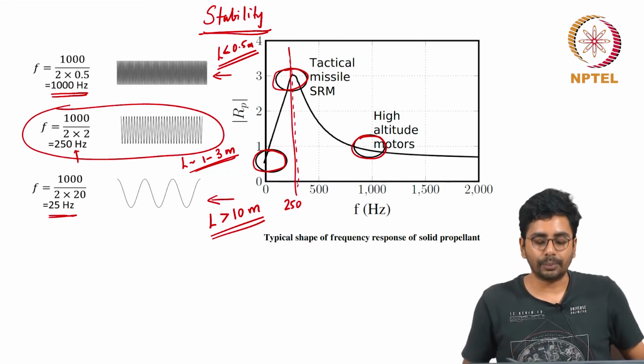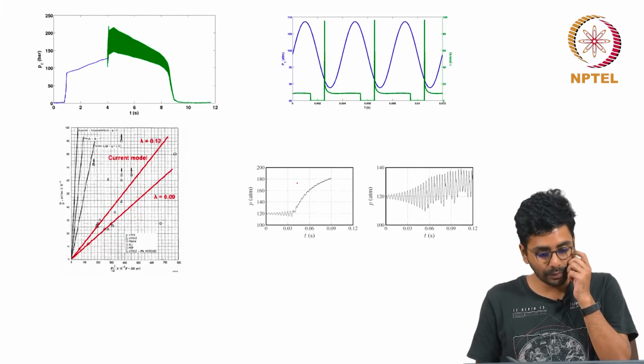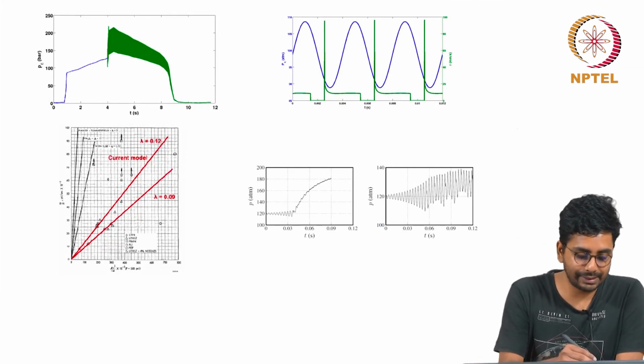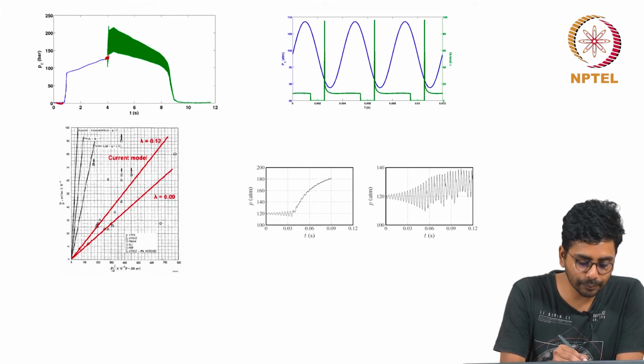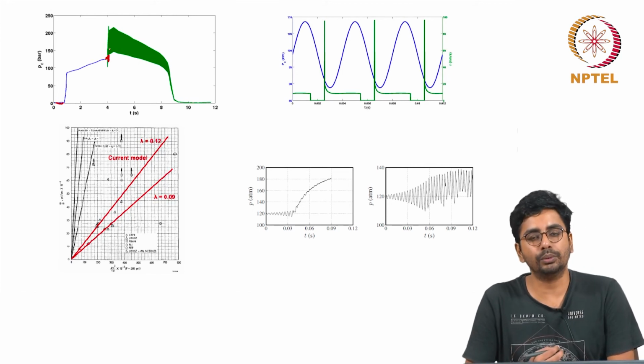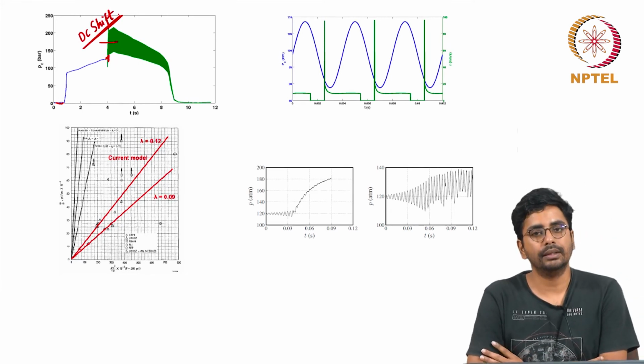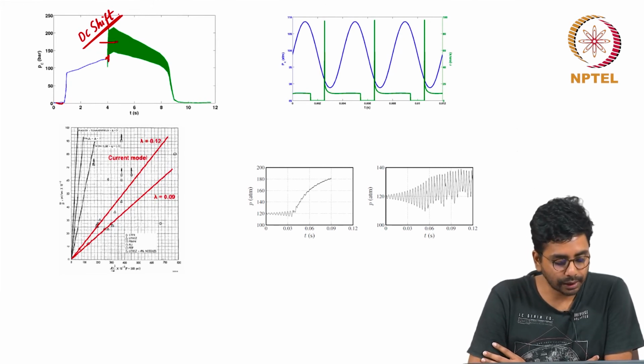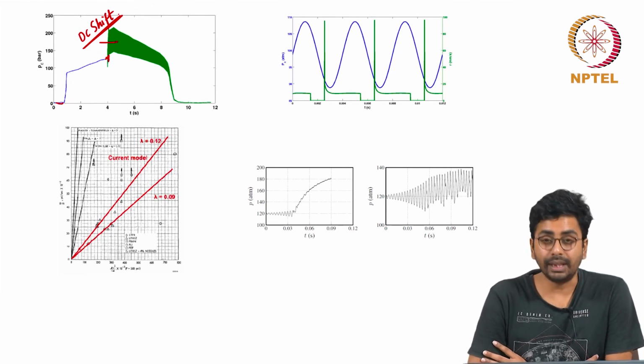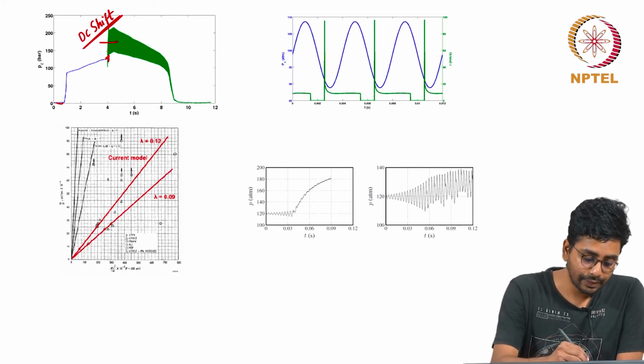So what are the consequences of this? The instability will cause a growth of small perturbations, and what is unique to solid rocket motors is what is called DC shift, a shift in the mean pressure and very large amplitude oscillations around this mean.